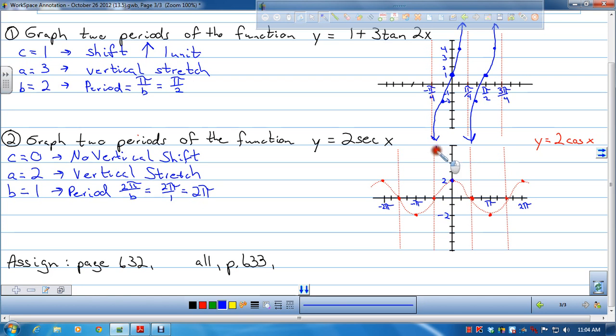So my graph of secant should look like this. And where this was going down to a minimum, I kind of have a maximum in here, right? Meets up there. Not bad.